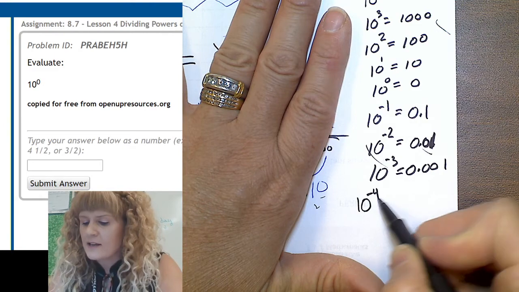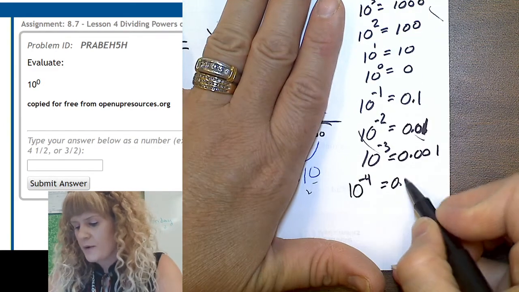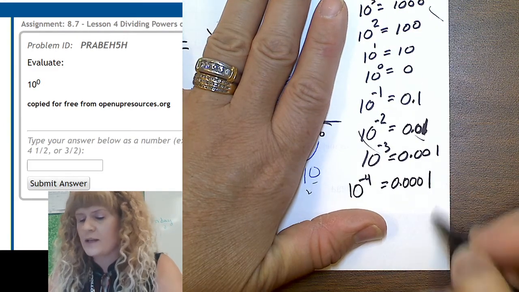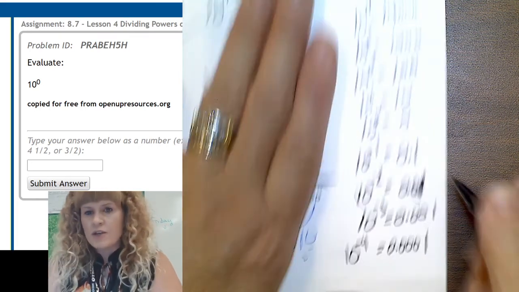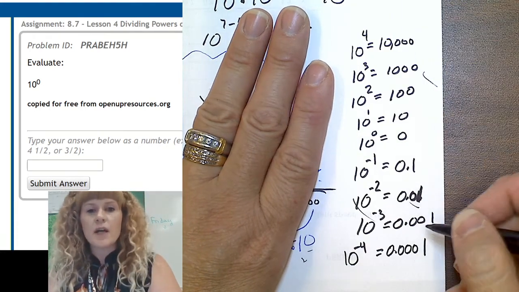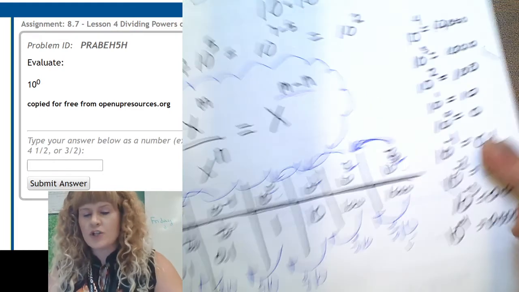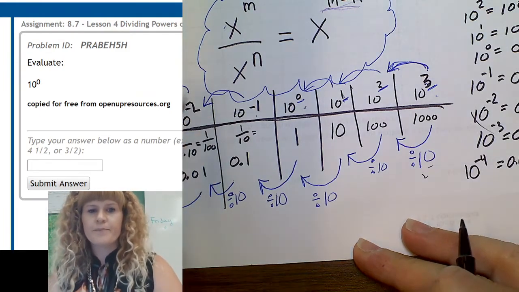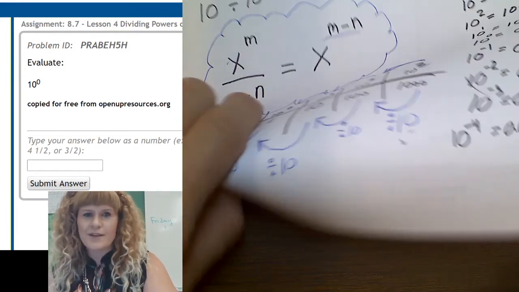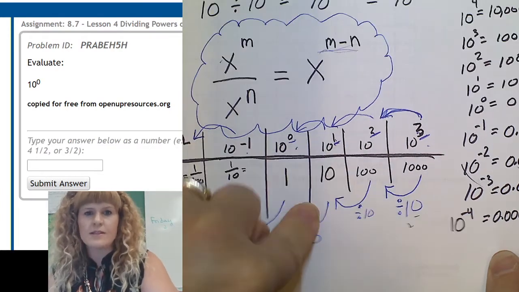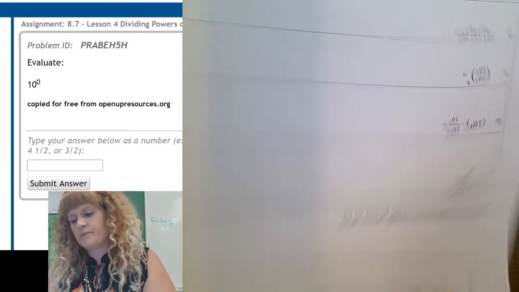And 10 to the -4 equals 0.0001, which is 1/10,000th. You need to know these and be very comfortable with them. And I showed you where they come from. Now we're ready to start the assignment after you do this on your own in your notes.